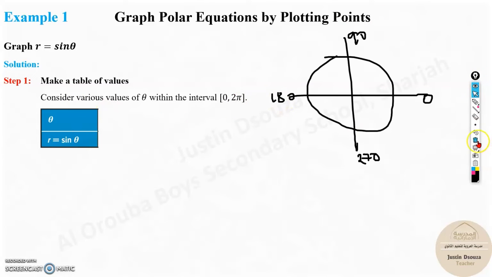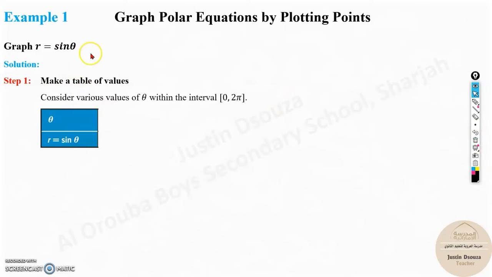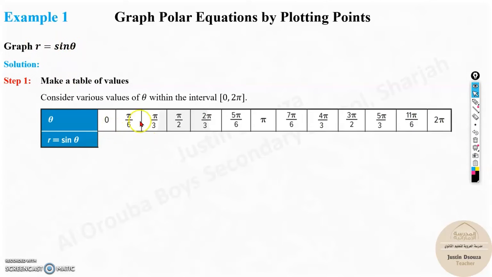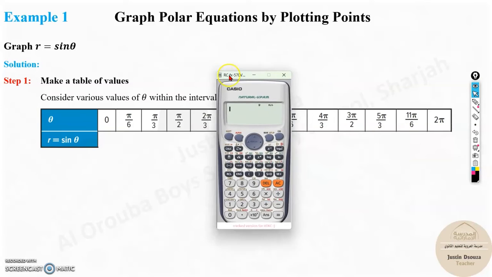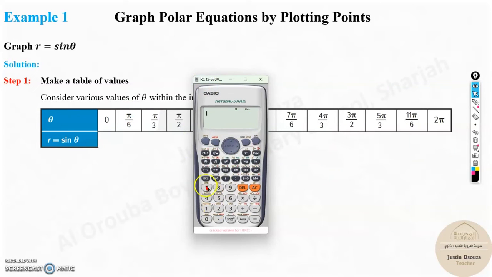So now make a table where theta is to be assumed, and then put it in this equation and find the r value. We have taken it over here in radians, but it's up to you. You can make the table even in degrees. It's fine. If you want to convert into radian or degree, it's up to you. But if you're just changing radian to degree, it's very simple.